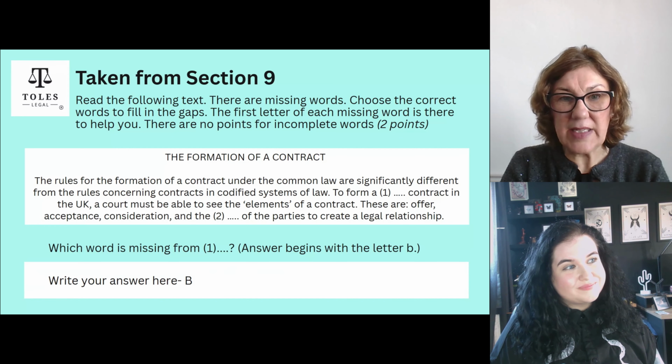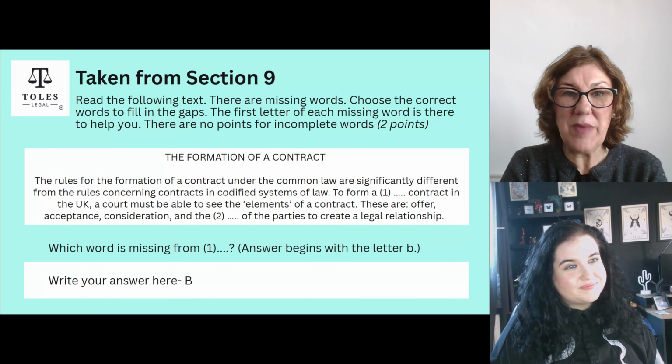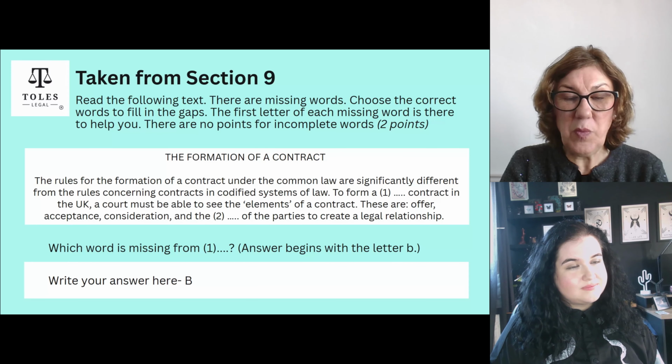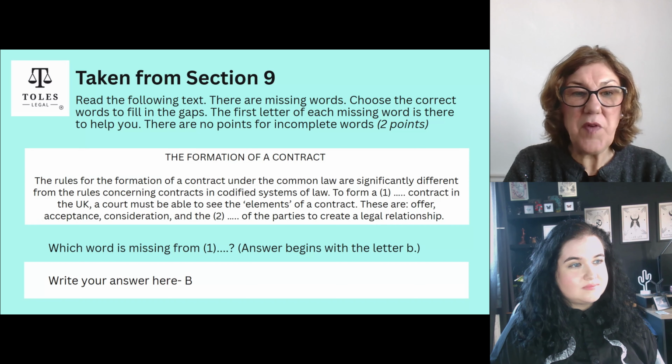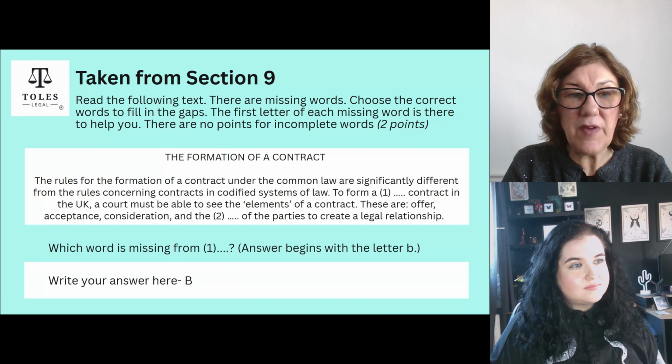So you get a text. This one is about the formation of a contract, and you've got to tell us what the missing word is. So the word we're looking for here begins with a B. Let's go. The rules for the formation of a contract under the common law are significantly different from the rules concerning contracts in codified systems of law.